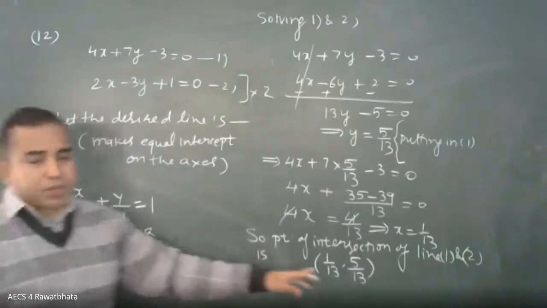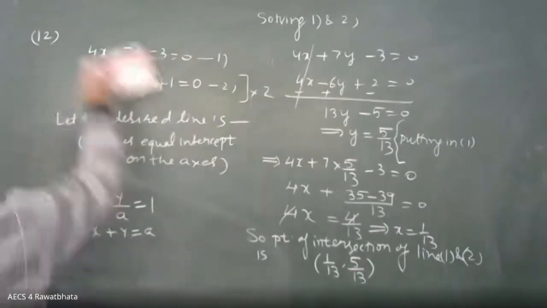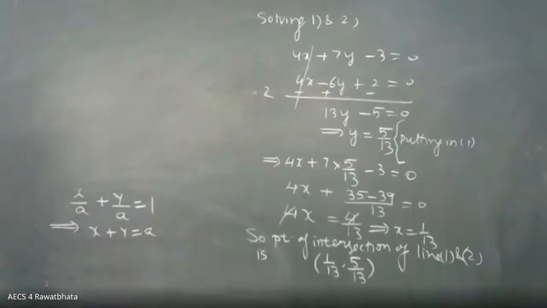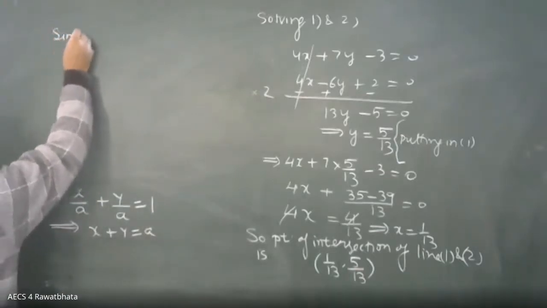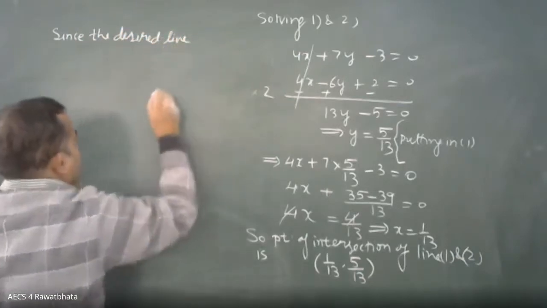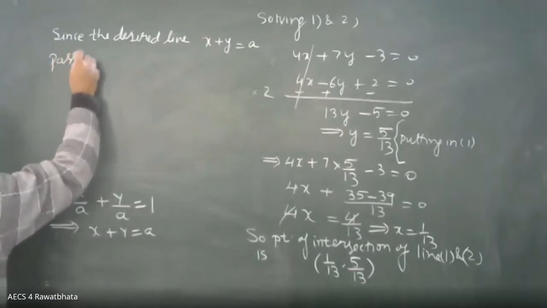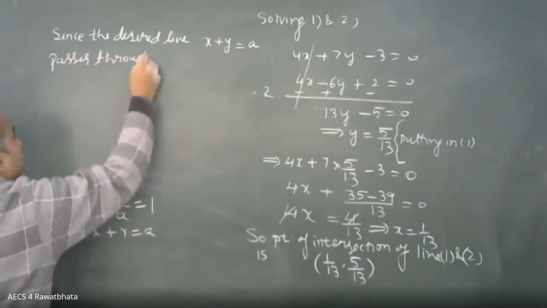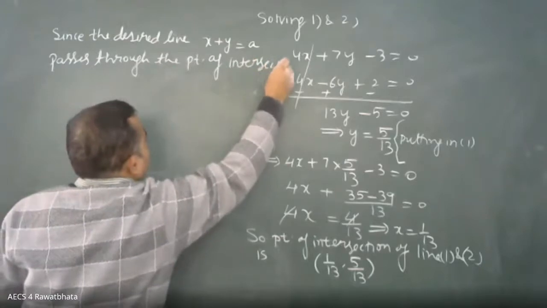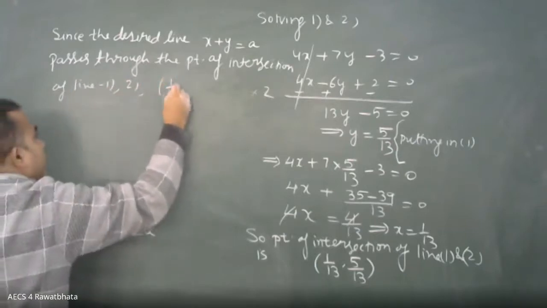Right, let us make use of this point. Since our desired line is passing through this point, since the desired line whose equation we have to determine, x plus y equal to a, passes through the point of intersection of line 1 and 2, which is 1 upon 13 comma 5 upon 13.